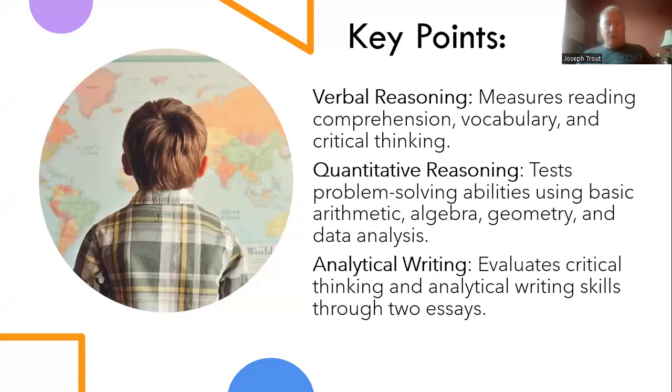So for the general part, there's verbal reasoning, which measures your readiness for comprehension, vocabulary, and critical thinking. Quantitative reasoning tests problem solving abilities using basic arithmetic, algebra, geometry, and data analysis. And an analytical writing section evaluates critical thinking and analytical writing skills through two essays.